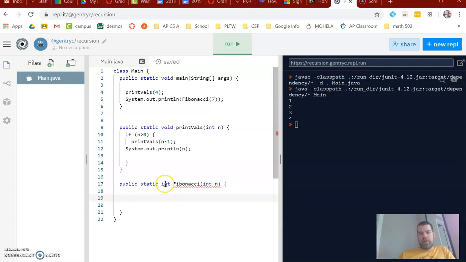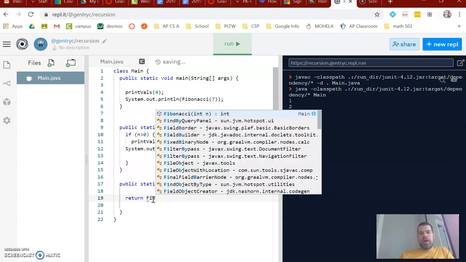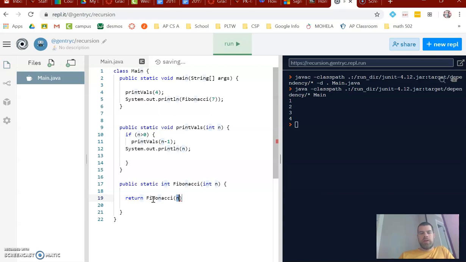And we're going to return a value here. So we would say something like return Fibonacci. What do you think I'm going to put here? I'm going to go n minus 1, but also Fibonacci n minus 2.